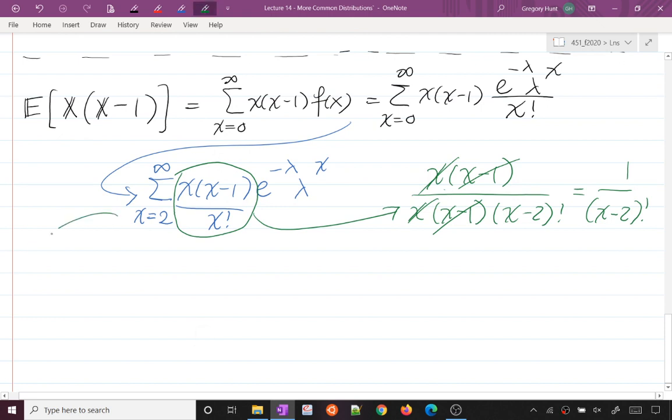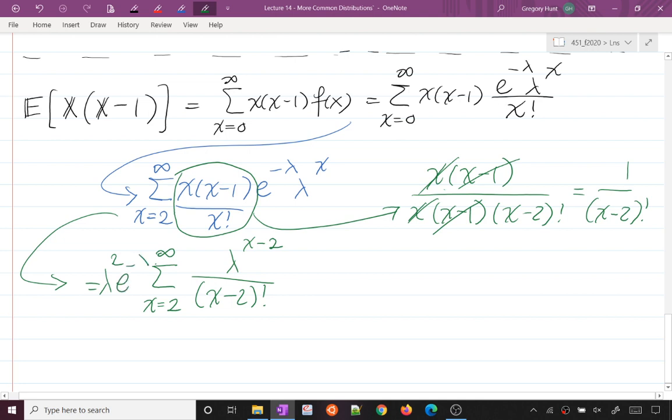We're just playing some games, so let's continue on down to the next line. Let's leave some space out front. So let's say x goes 2 to infinity of x times x minus 1 over x factorial. We just said I can write that as 1 over x minus 2 factorial. And let's factor out 2 copies of lambda, so we'll be left with lambda to the x minus 2.